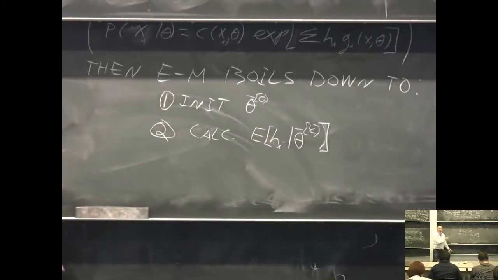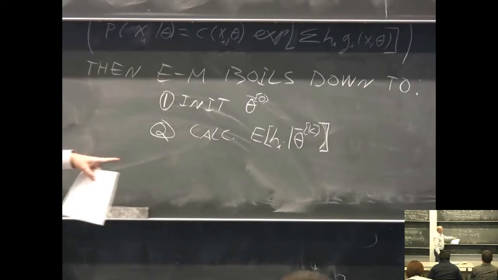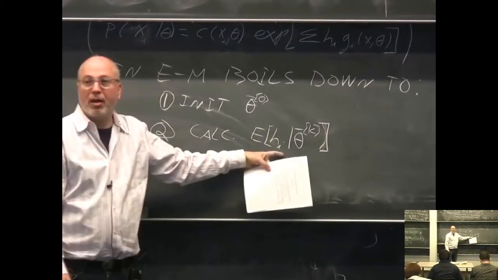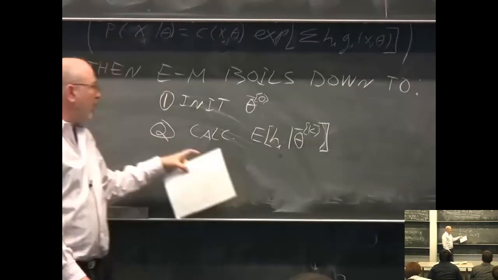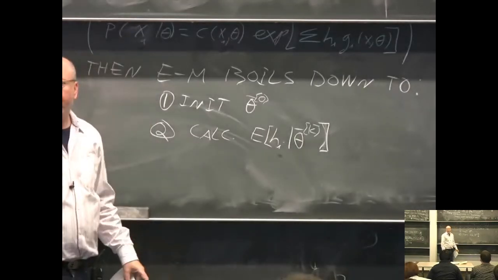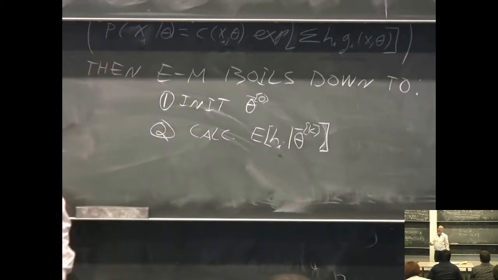So you don't need to bother with the entire likelihood function. You don't need to bother with calculating this whole thing. You can go straight for the kill, straight for these HIs. Calculate their expectations, and then treat those expectations as if they were the actual data.